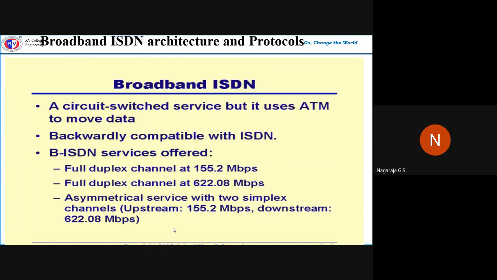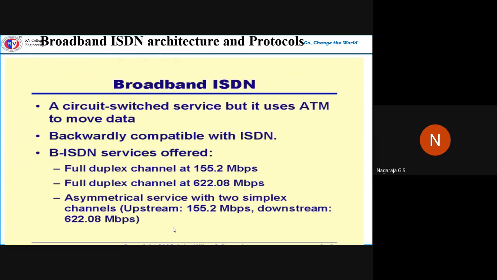Broadband ISDN is a circuit switched service, but there is ATM to move your data. Then it is backwardly compatible with ISDN. ISDN you know now. Your BISDN services are offered with these ranges basically.